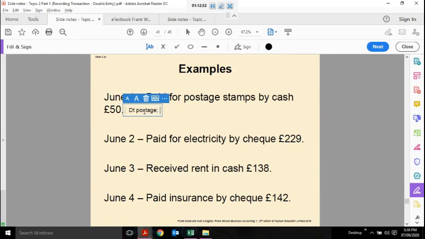And then your credit will be your cash. Cash, because it becomes lesser, because you paid, right? There's a cash outflow. Your cash is your asset. Asset is your position. When your position decreases, you should write it as credit. Okay.